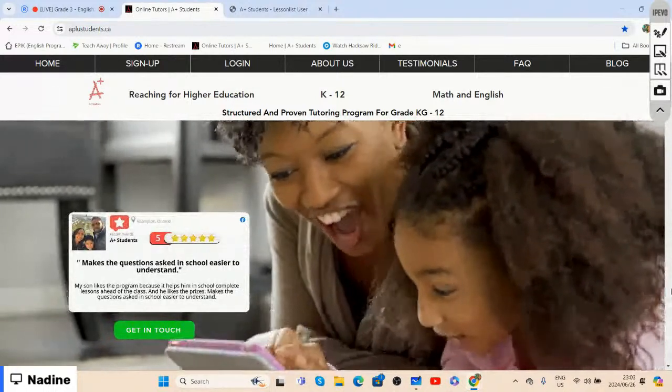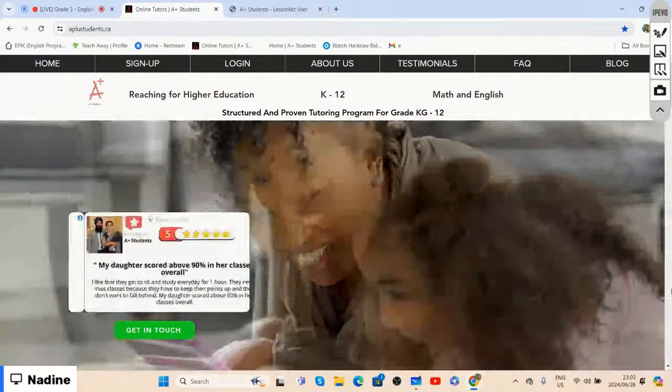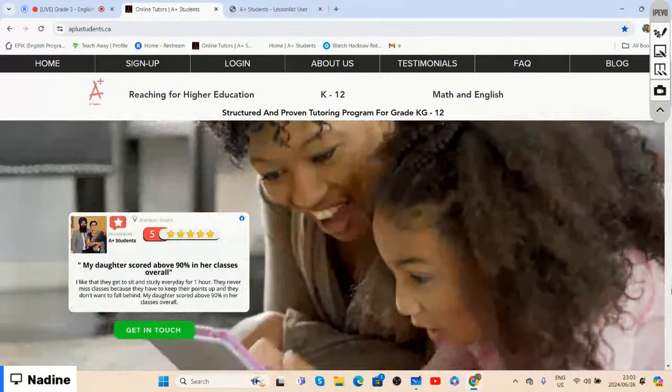Today we'll be doing our lesson on prefixes and suffixes, grade 3.